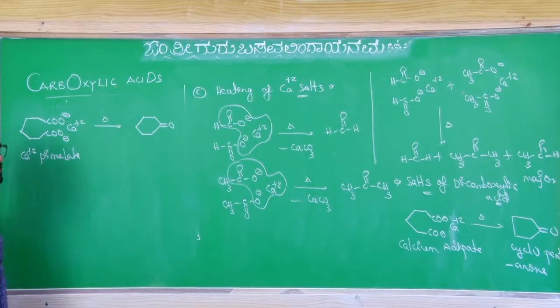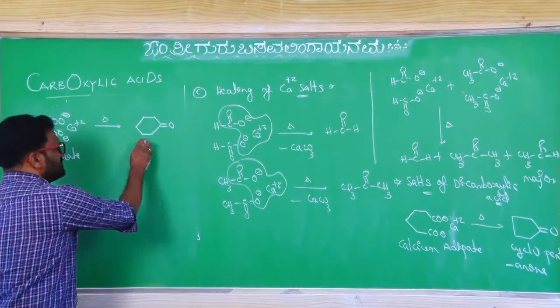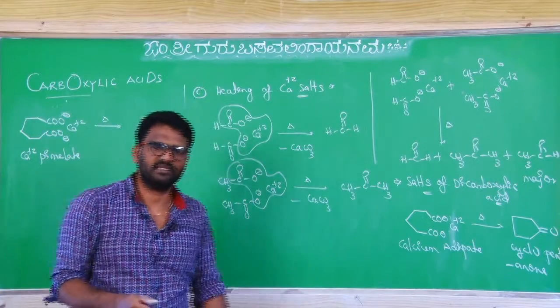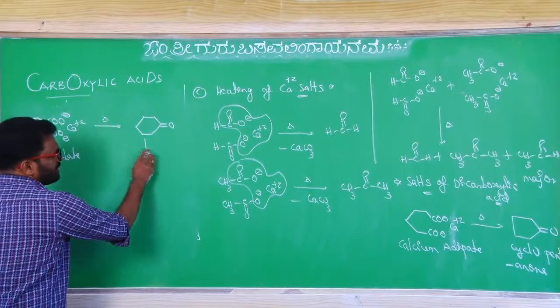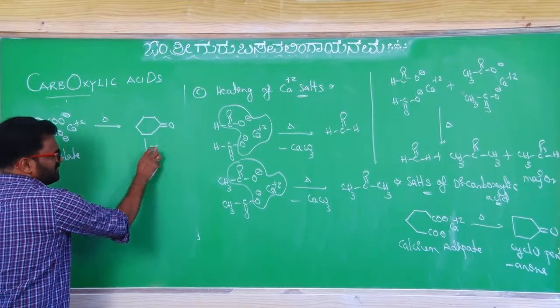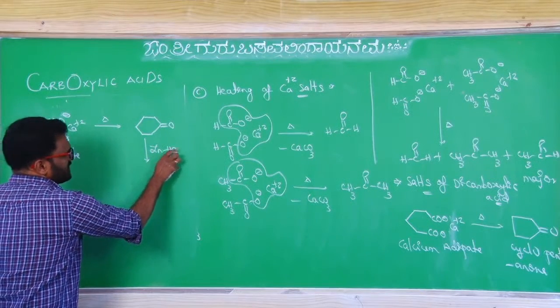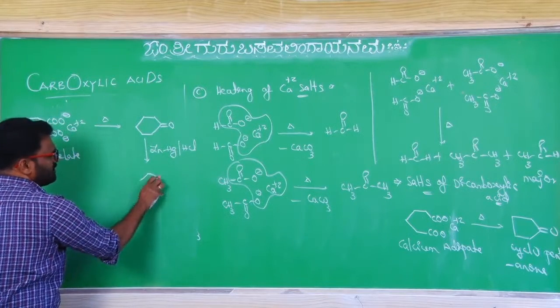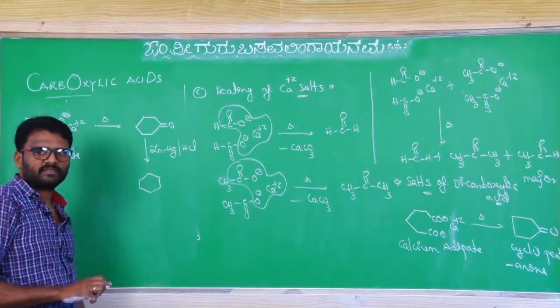So after getting cyclohexanone or cyclopentanone, when treated with any reducing agent like Wolff-Kishner reduction or Clemmensen reduction, what will you get here? What is the Clemmensen reduction? Zn-HCl. Then you will get cycloalkane.